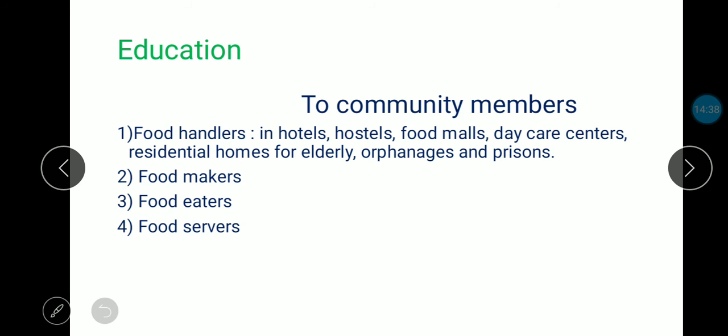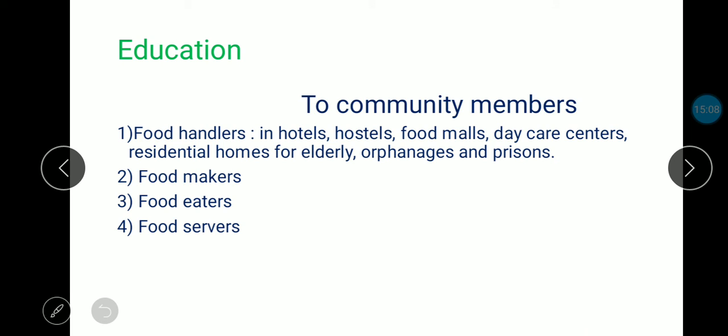Along with these vaccines, medicines and treatment, education is most important. Education to community members. The members present in the community means all the members. The total population should be educated. We see one by one. Education to food handlers.